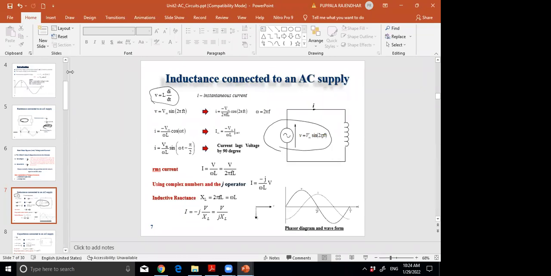This di by dt becomes 0. Why? Because for a DC supply, it will be constant, so for this derivative there is no change. So we are getting 0. Voltage across the element is 0. Then it is acting as a short circuit or open circuit.